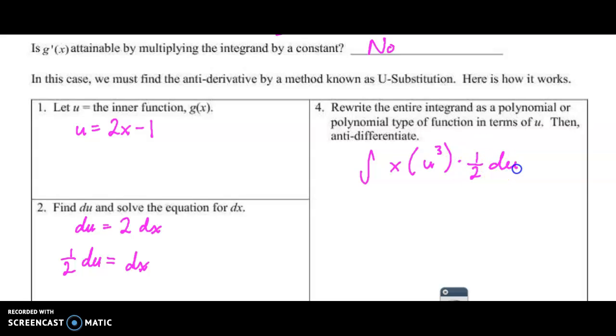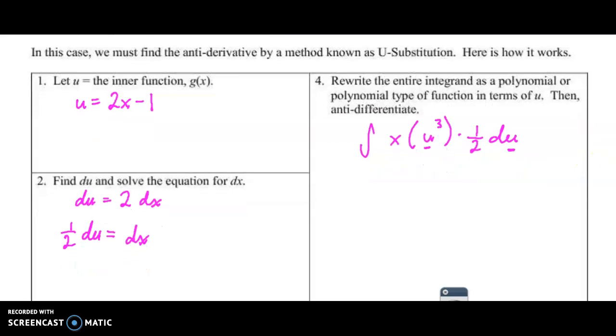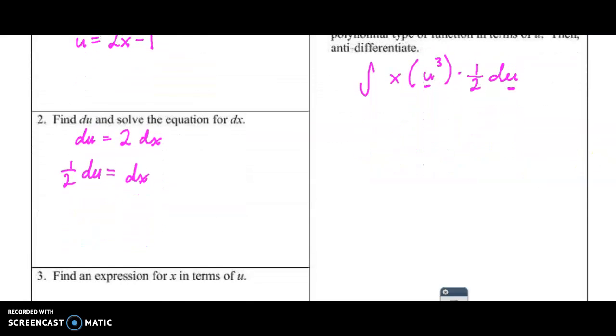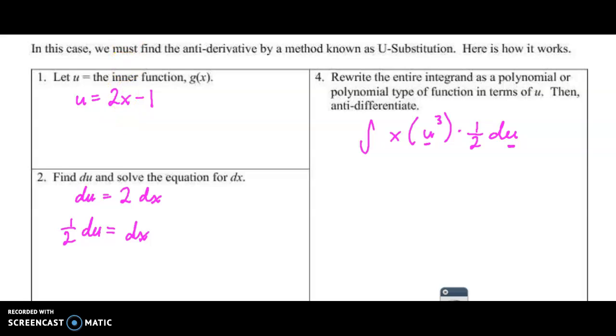So what we need to do is think of a way that we can get this entire integral in terms of only u. I know that there's this number 3 down here, but I'm actually going to do this up here because it makes more sense in my mind. So let me write down number 3: we can get rid of this x by looking at this equation and solving for x.